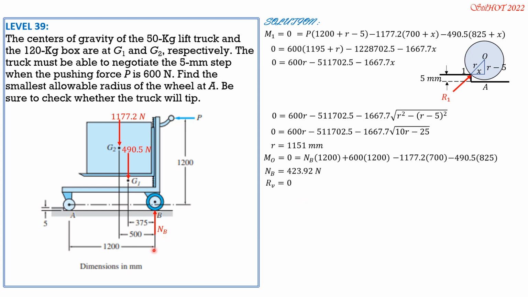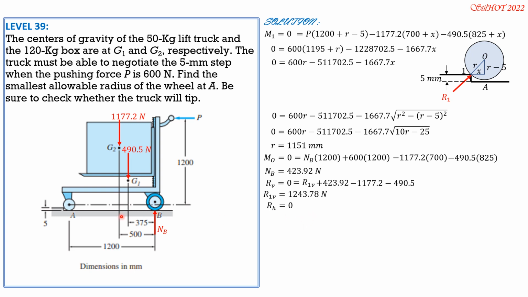We then set the vertical component of reaction to 0. So we have R1 vertical plus NB, which is 423.92, minus 1177.2 minus 490.5. So R1 vertical equals 1240.78 newtons. Then the horizontal component of the resultant is 0 also.